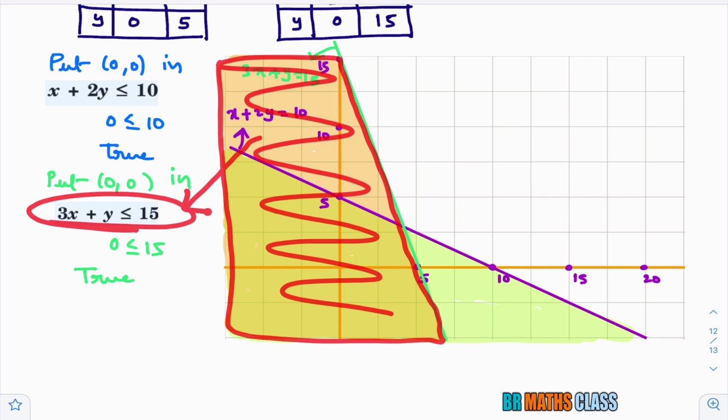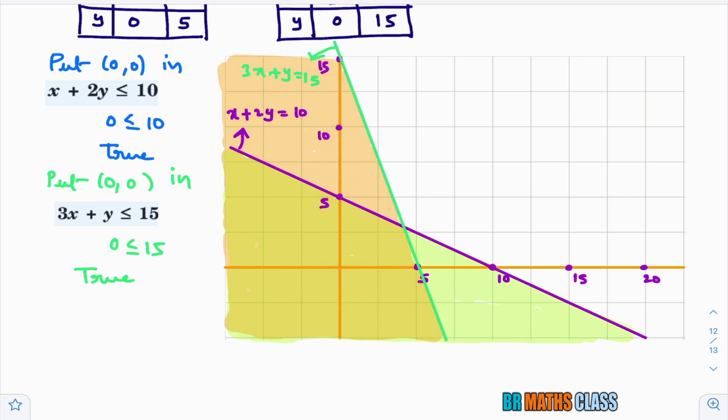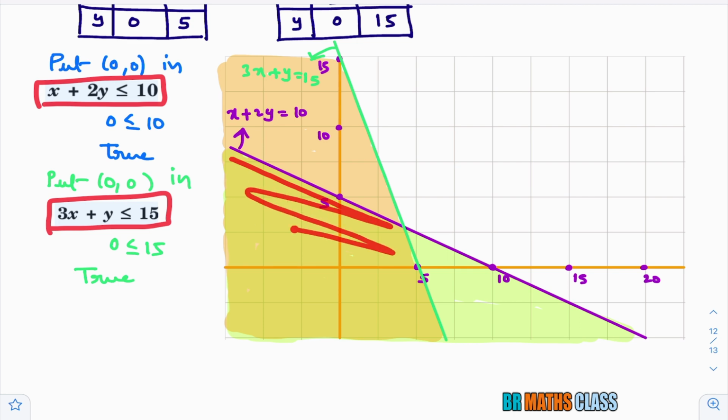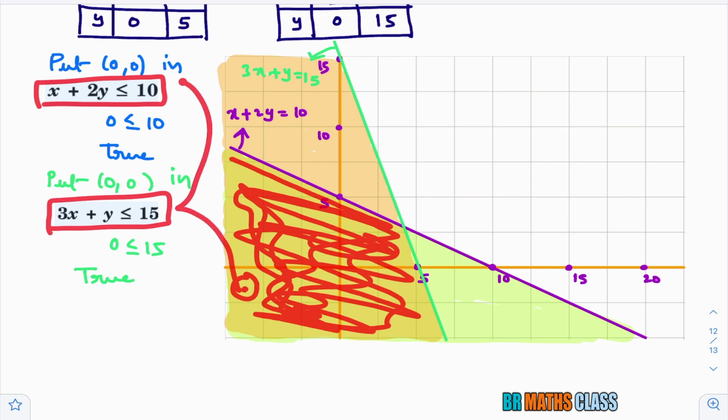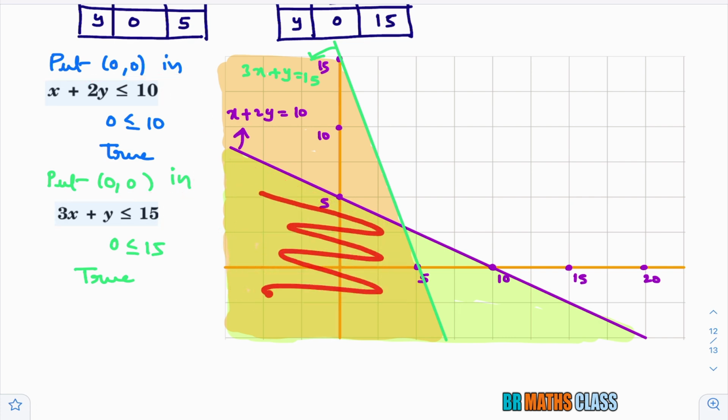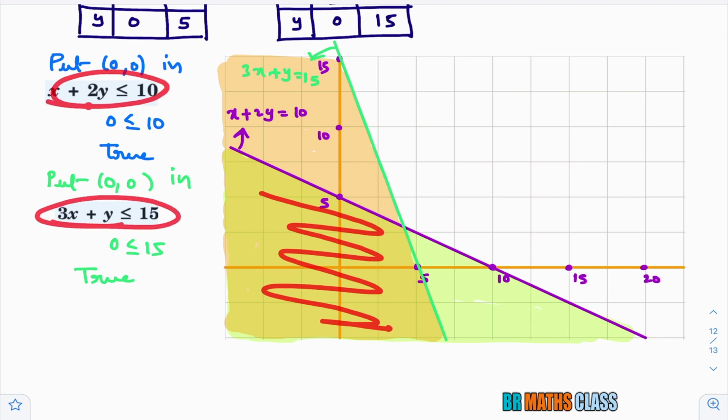Now, we find the common region formed by these two inequalities. Please observe, this part is the common region. That means if you take any point in this common region, that point satisfies this inequality as well as this inequality also. So this region is the common region till now we got for these two inequalities.